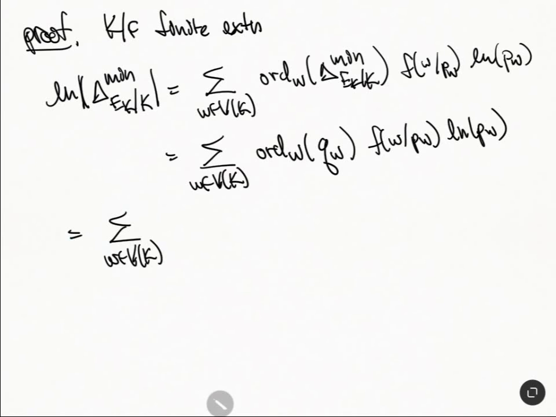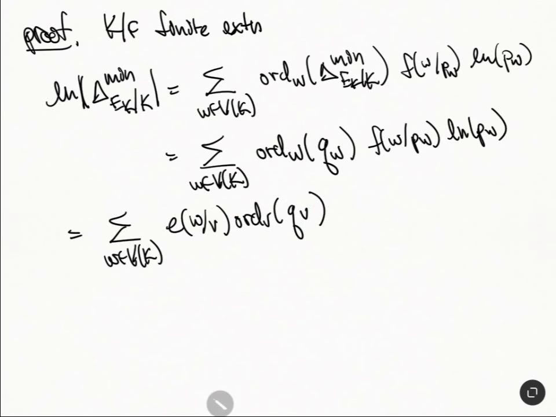So we have this degree, e_{W over V}, or v_W(q_W), but q_W is the same as q_V.